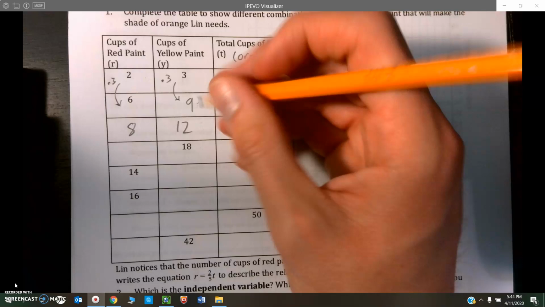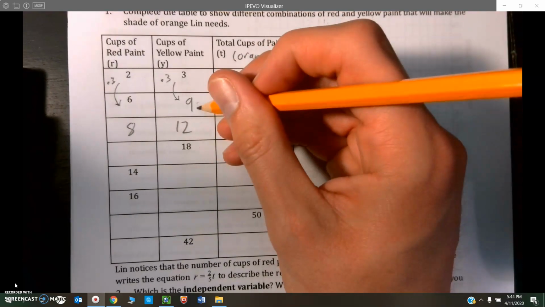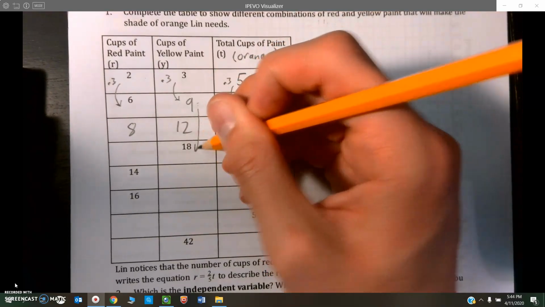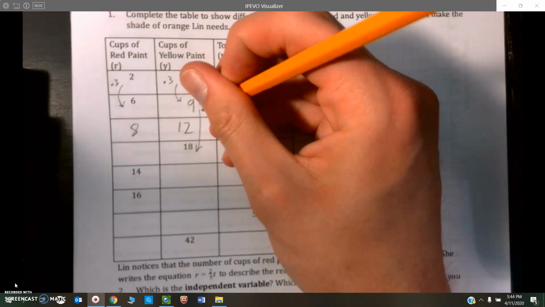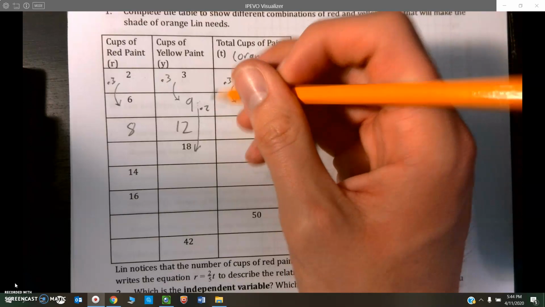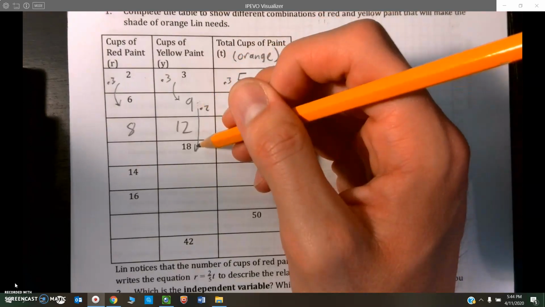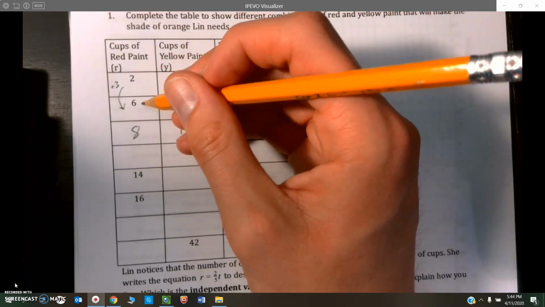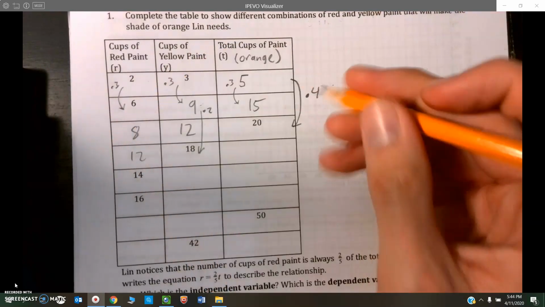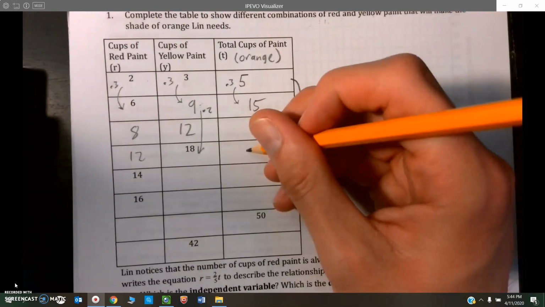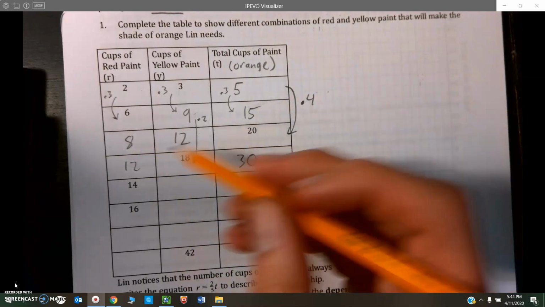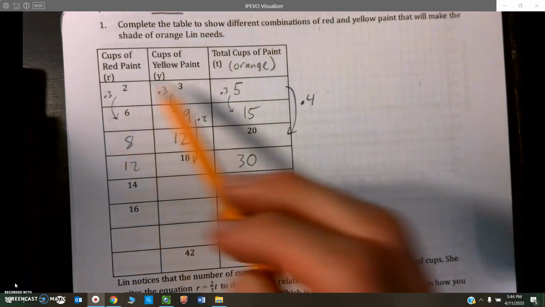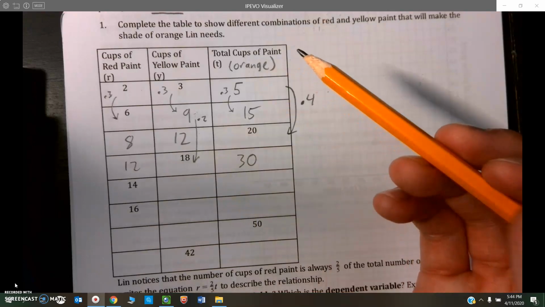So I can see here that she took the recipe here and doubled it. So if she doubled the yellow to get 18, then she's also going to have to double this 6 to get 12. And then she'll also have to double this 15 to get 30. So all of these are just an example of a 2:3 ratio.